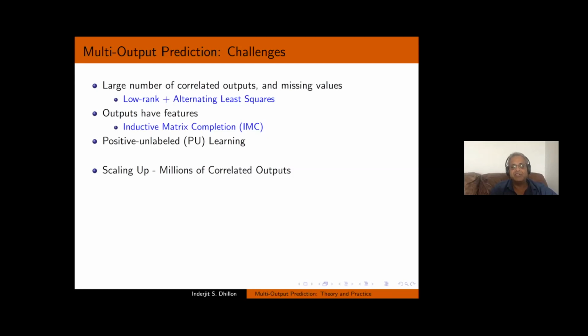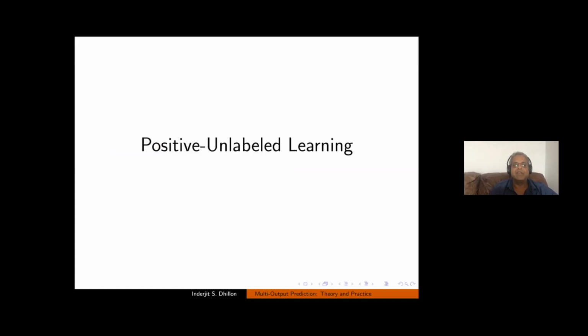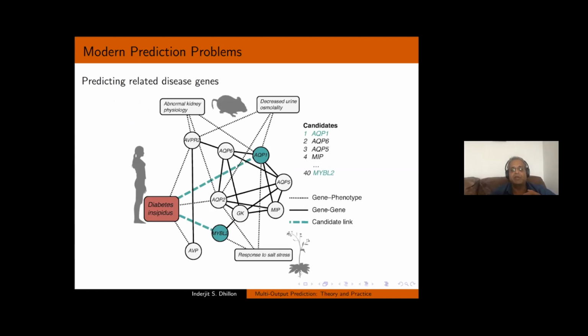So the third challenge I'll talk about is positive unlabeled learning. Let me go back to the problem that I worked on with the biologists at UT, with my colleague and good friend, Edward Marcotte. The problem is to predict genes which might be associated with a particular disease.